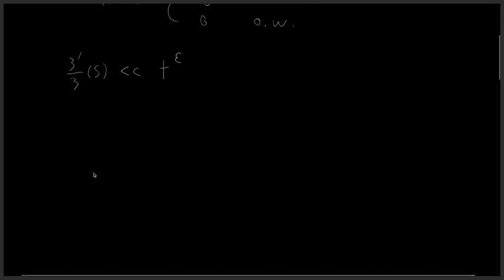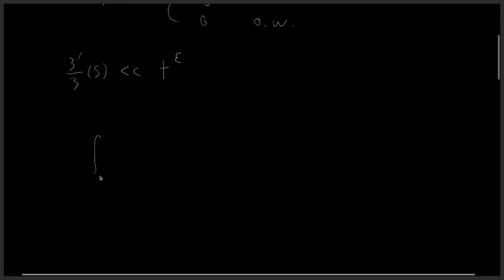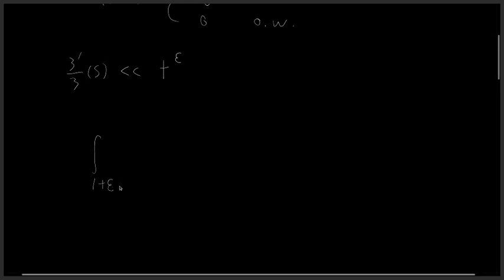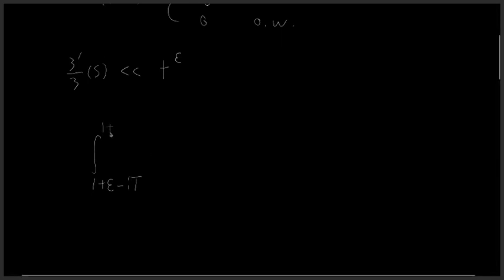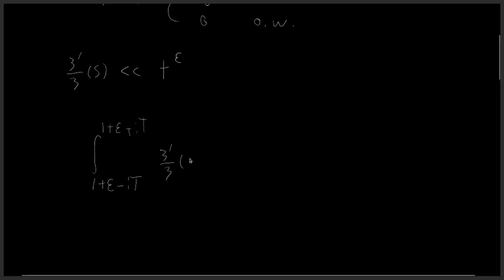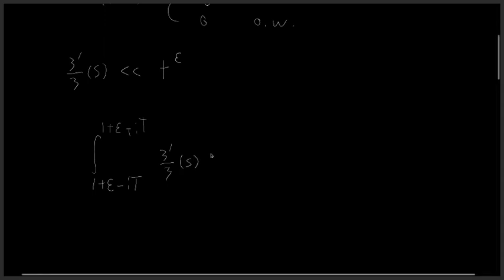So let's look at the integral along the line 1 plus epsilon minus it to 1 plus epsilon plus it of zeta prime over zeta evaluated at s times x to the s ds over s.